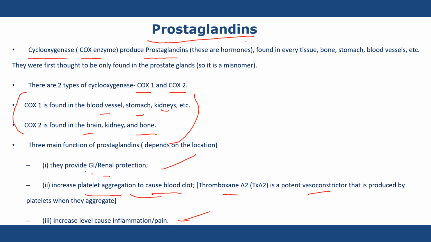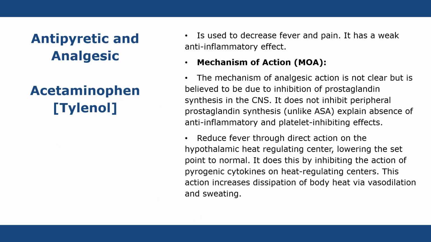Okay, so with that understanding, let's talk about our first drug, which is acetaminophen, and a brand name is Tylenol. The classification for this drug is antipyretic and analgesic. That tells you that it has two indications. Antipyretic means it's going to decrease the fever and, of course, pain management under analgesic category.